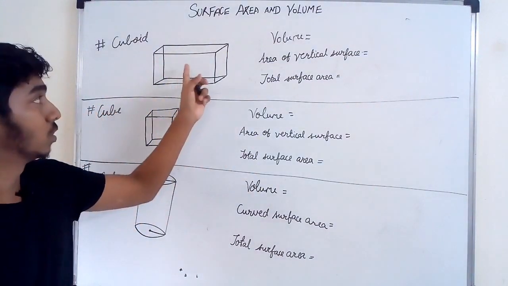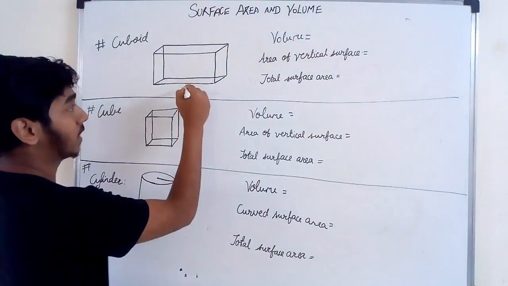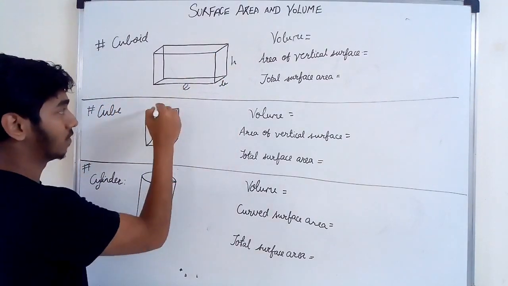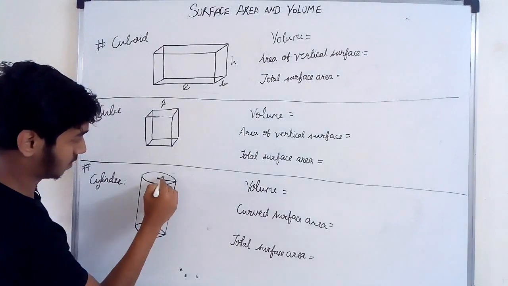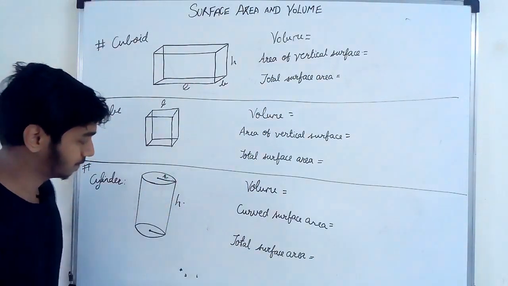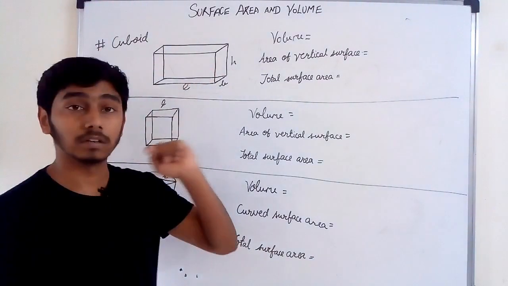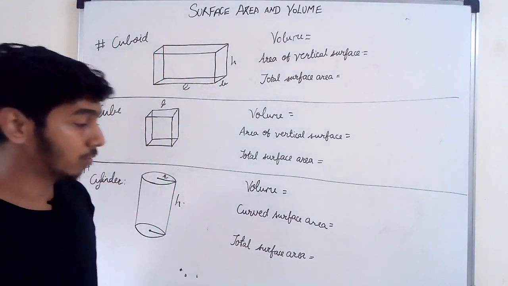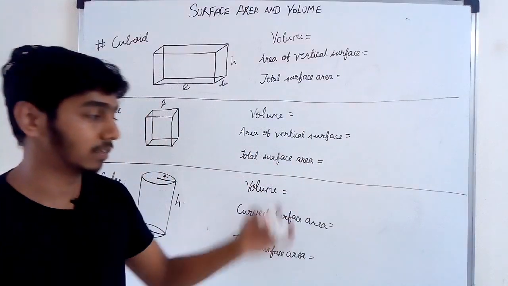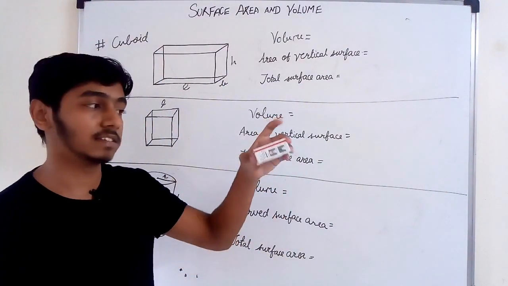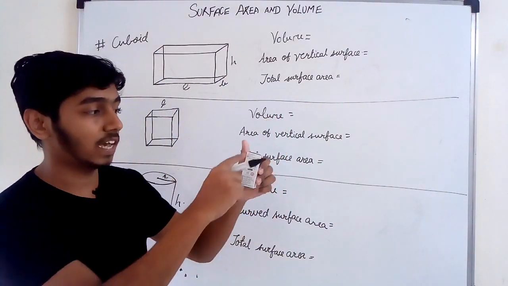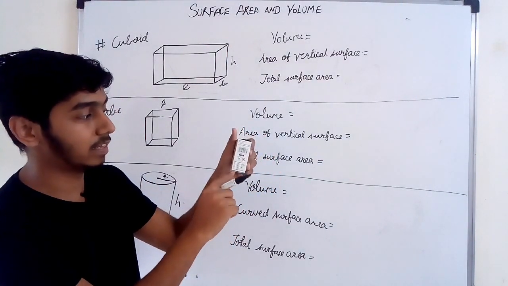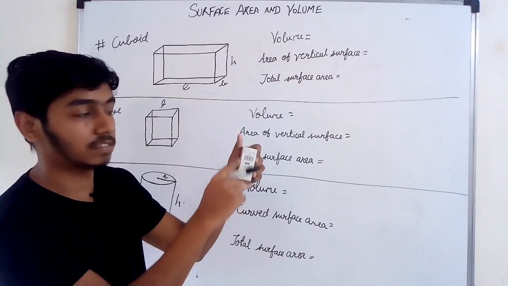For volume, let's write the length first. Length, this is breadth and this is height. For the cylinder, it is radius and height. For this cuboid, the structure is something like this: length is this, breadth is this, and this is the height.